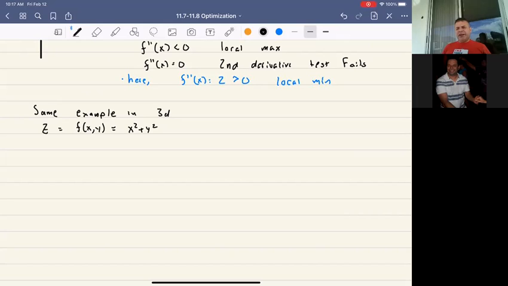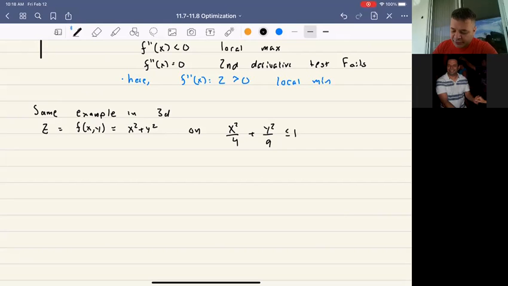And we're also going to have to give it some sort of domain. Okay, so let's give it a domain of x squared over 4 plus y squared over 9 less than or equal to 1.